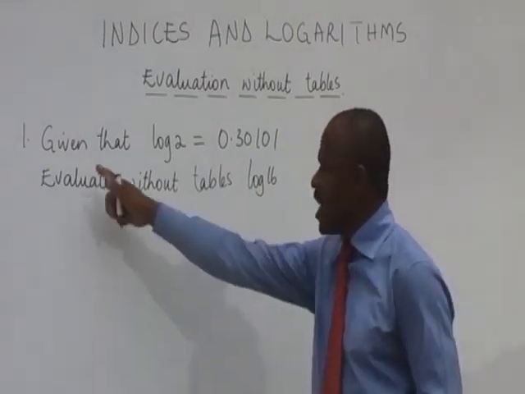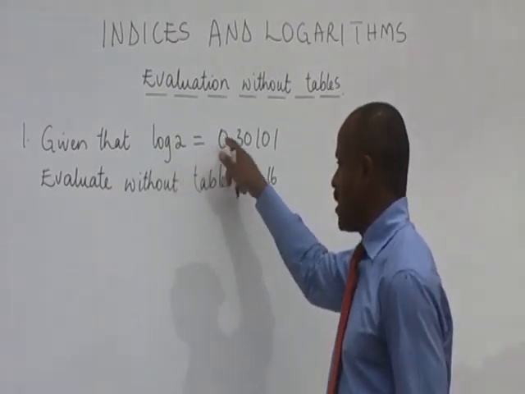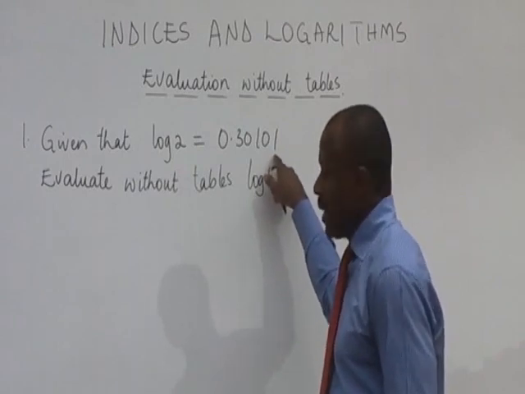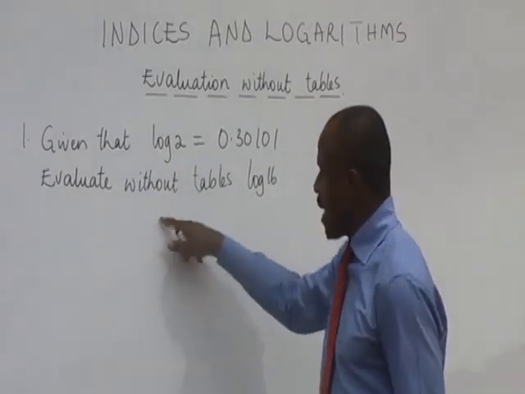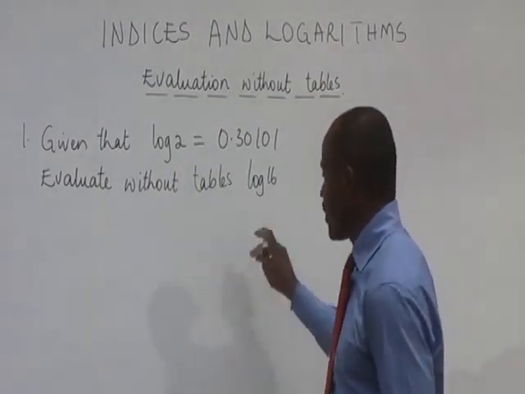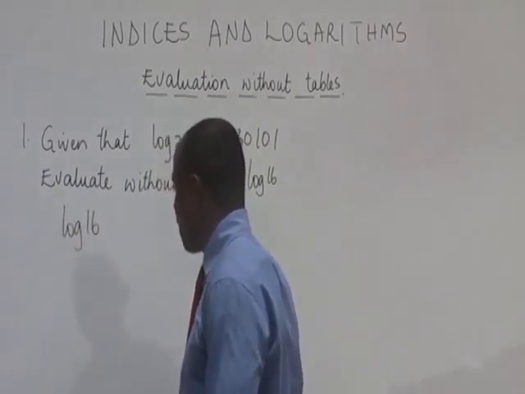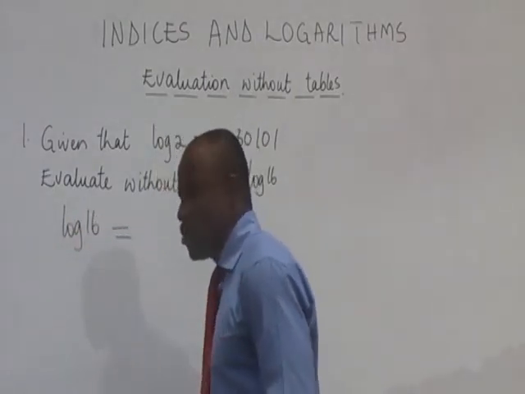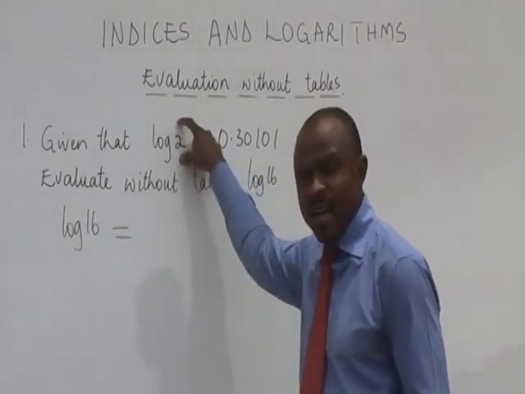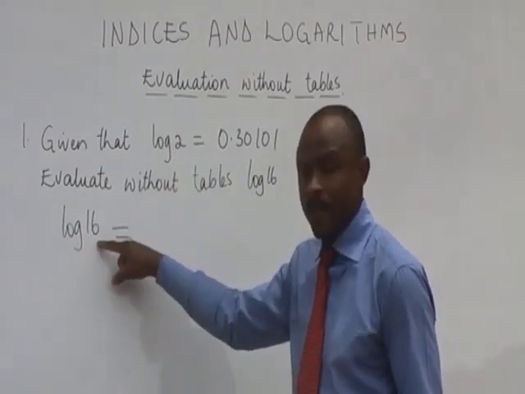Number 1 says that given that log of 2 is 0.30101, we should evaluate without tables log 16. Bring out log 16. We have log of 16. Equate it to a particular value of exponent of log 2, and we have the same value with 16.